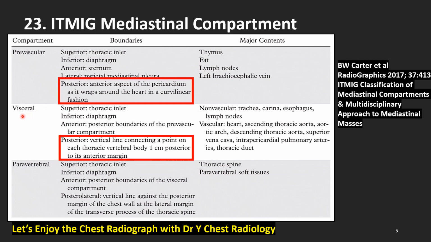And second, the visceral compartment, which is similar to the middle mediastinum. Its posterior boundary is a vertical line connecting a point on each thoracic vertebral body 1 centimeter posterior to its anterior margin. And third, the paravertebral compartment is just similar to the posterior mediastinal compartment.